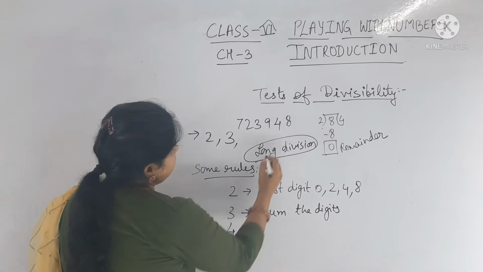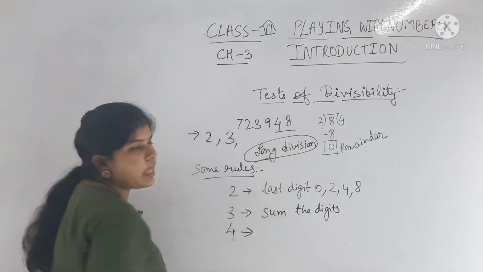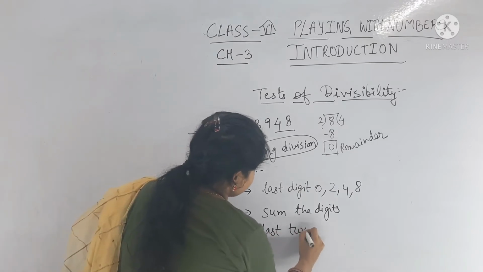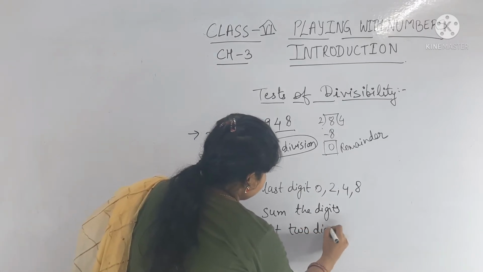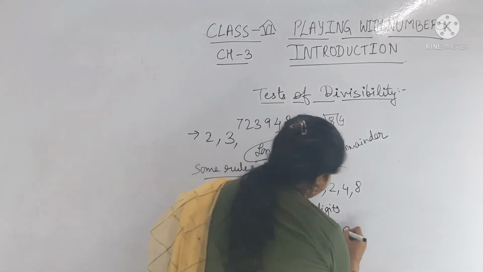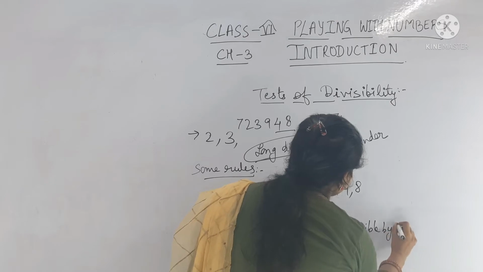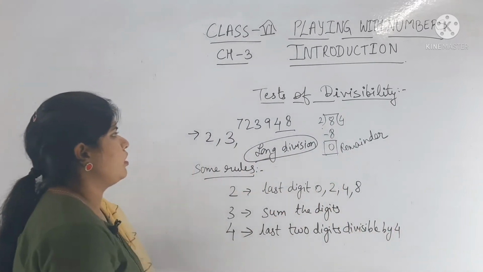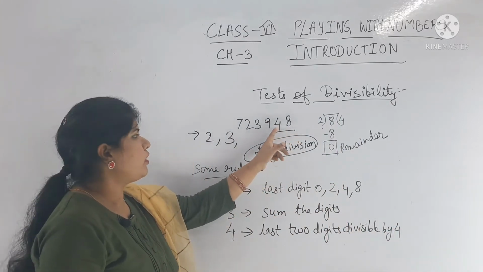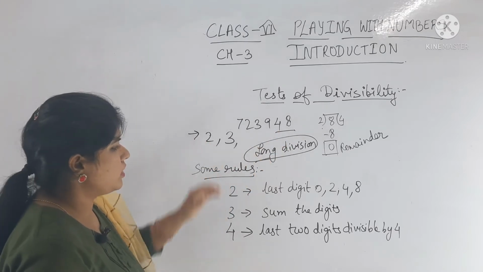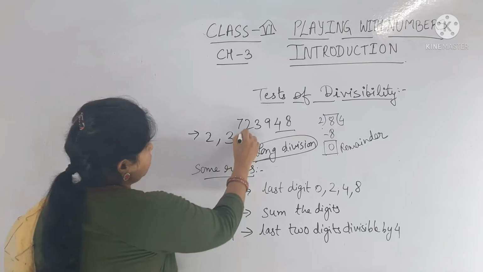For 4, we have to see the last 2 digits, 4, 8. If the last 2 digits are divisible by 4, then the number is divisible by 4. Okay, 48 is divisible by 4, so it is divisible by 4 also.